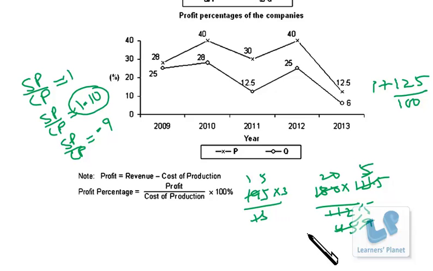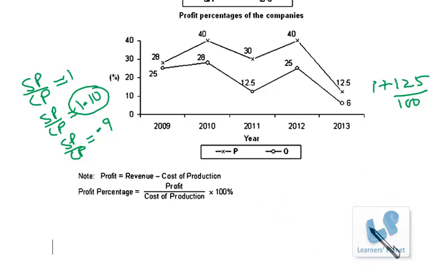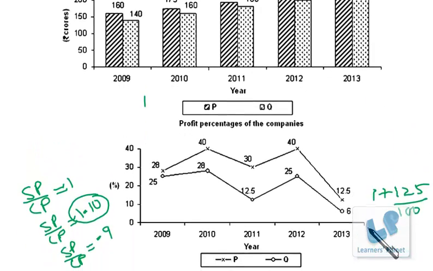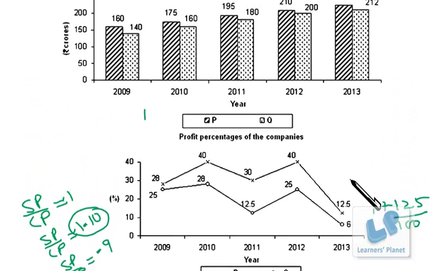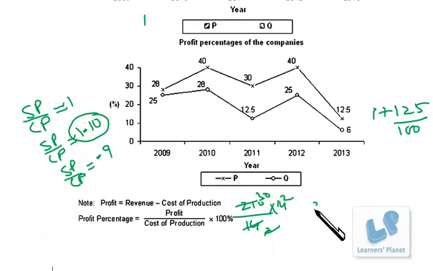Once again, the difference is more than 15. For year 2012, 210 by 14 into 4. That's once again more than 15.